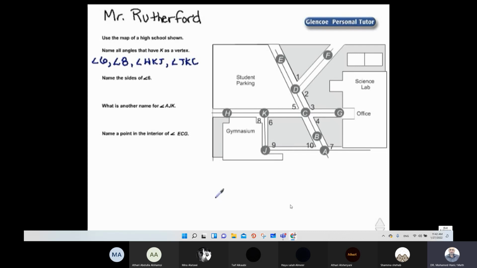Name the sides of angle 6. Here's angle 6. Notice here we have a side which is KJ, and we have a side which is KC. We can also say that we have a side which is KJ and KG in this case.